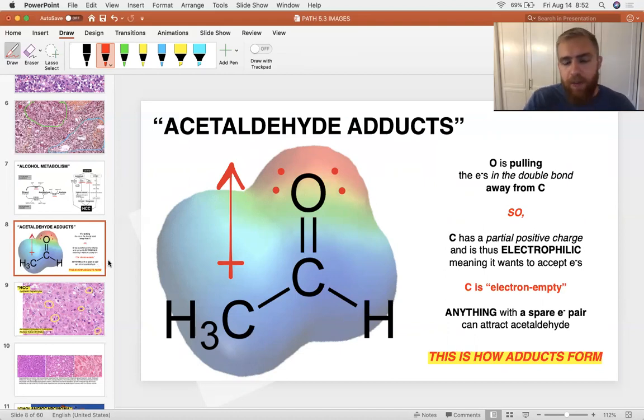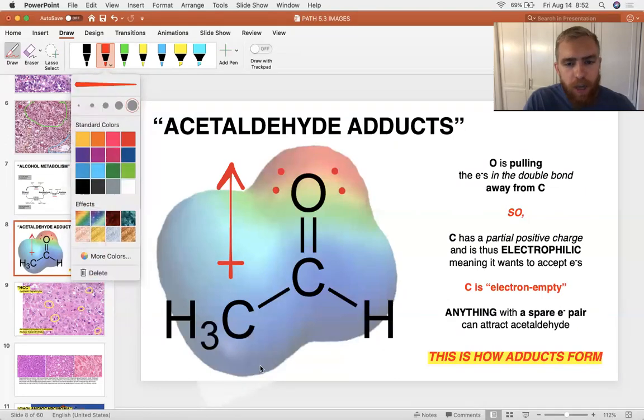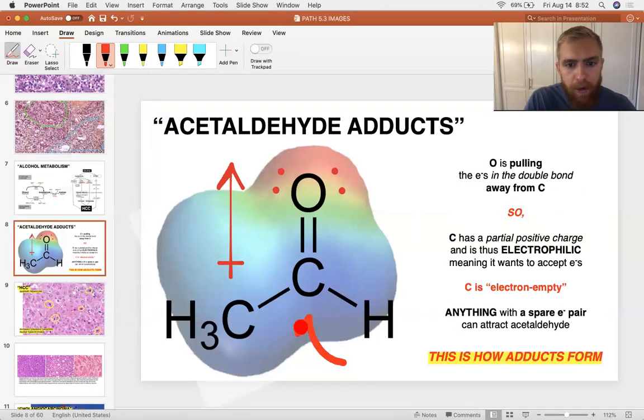And so what that means is that anything with 2 electrons to spare can really just sneak up from the back and plug itself into that carbon right there on the acetaldehyde molecule. And so now you've got, again, a nucleophilic protein or a nucleophilic part of DNA that just grabs onto that acetaldehyde relatively irreversibly.